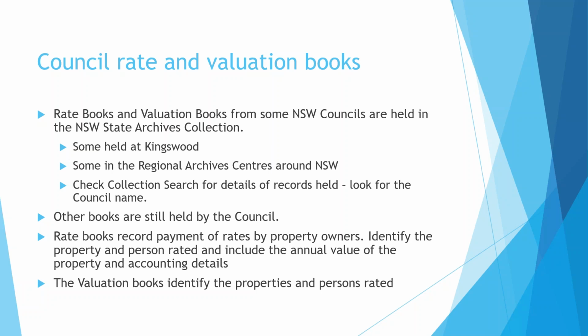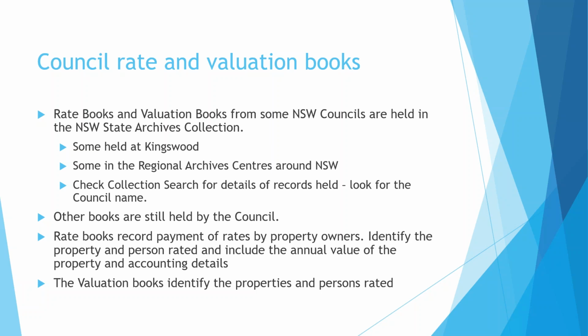There's one at University of Newcastle and the Newcastle Library. There's also one at Broken Hill and other places around New South Wales as well. And as I said before, other books are still held by council. So your choices there really would be, is it still held by the council? Is it held in the State Archives Collection?